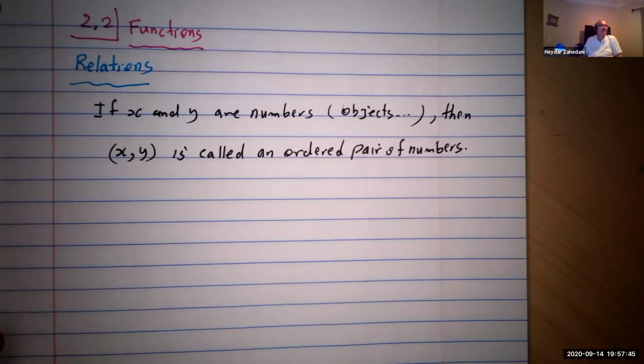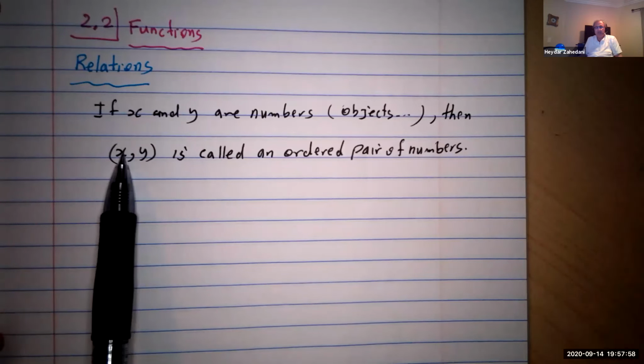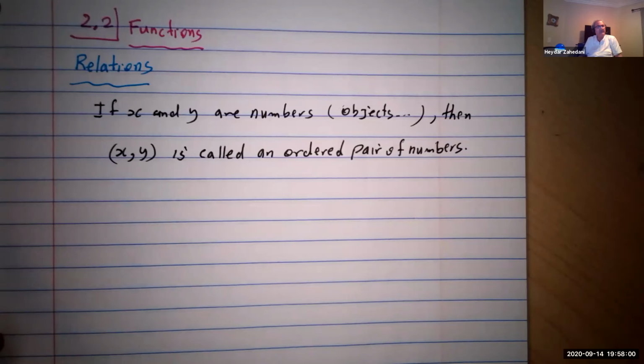So this is going to be a kind of relation that you're going to have. Okay, x is going to be you, y would be the number of units that you have. x is going to be the number of hours that you work, y is the dollars that you make. So this is how we put them together, ordered pairs. Now, if there is a reason that you put some of these together, that result is called a relation.